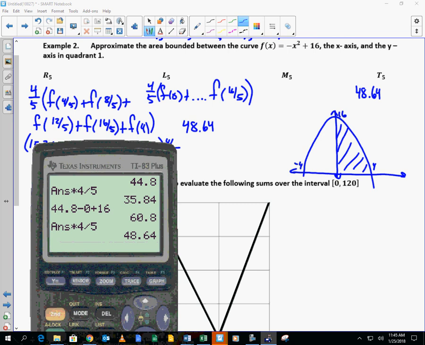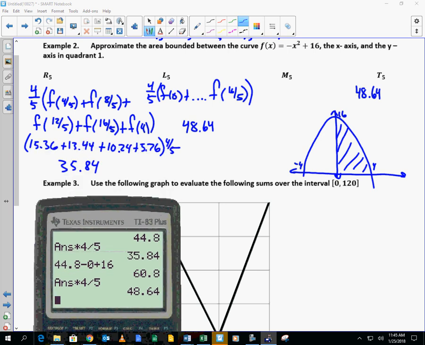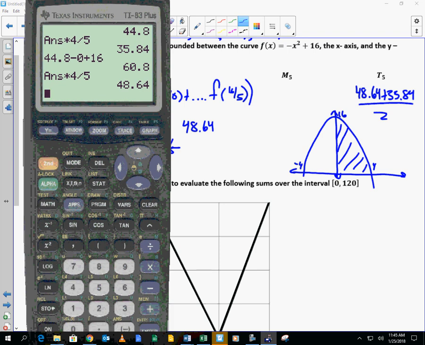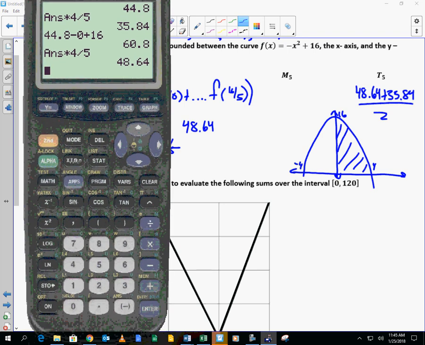So f of 0 is 16. You plug in 0, you get 16. You see that now? Okay, so 48.64 plus 35.84. We're going to divide that by 2. Plus 35.84. And we divide by 2, and we get 42.24.